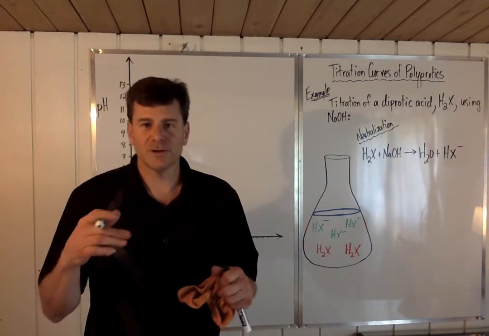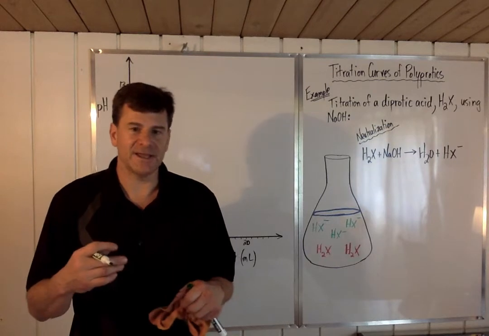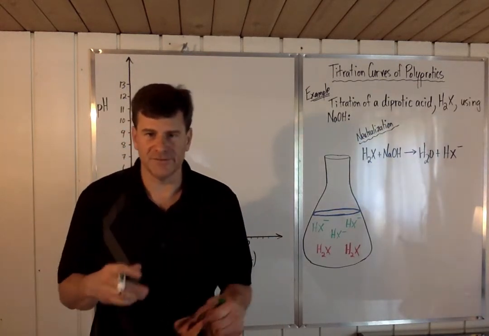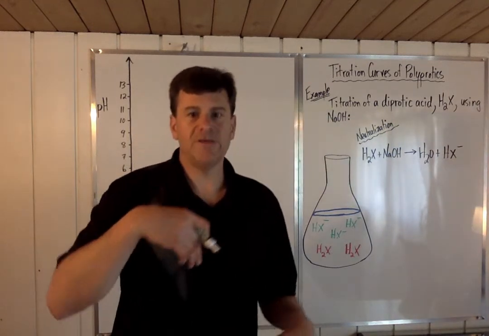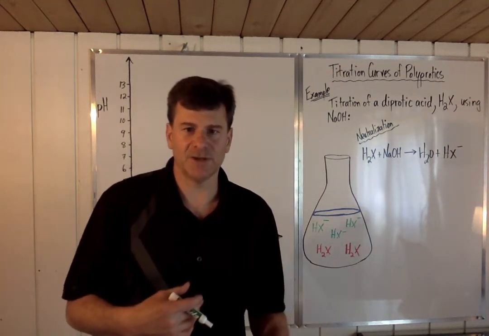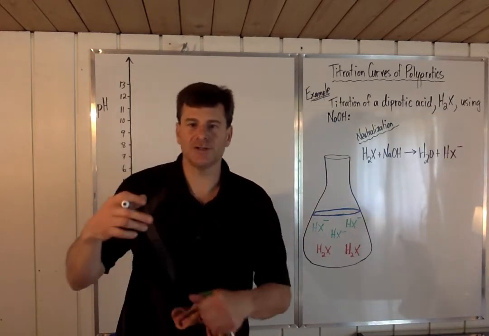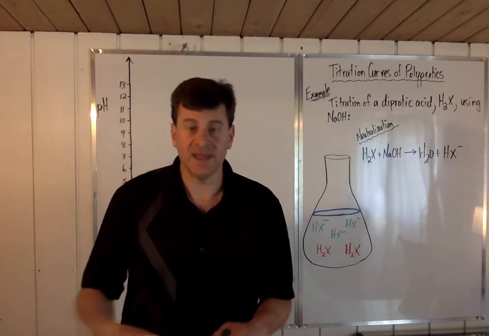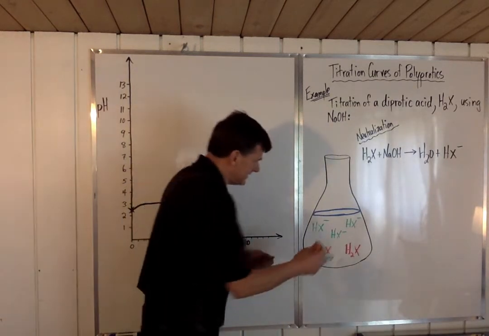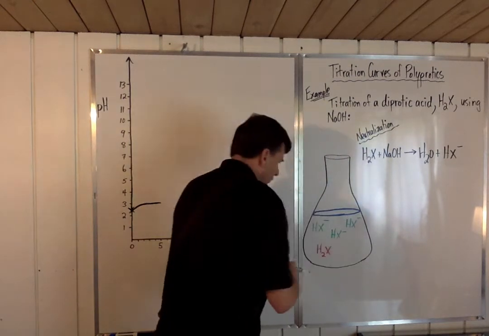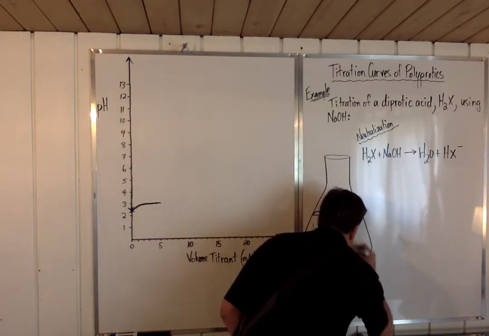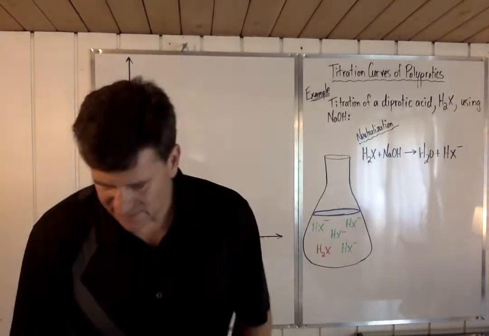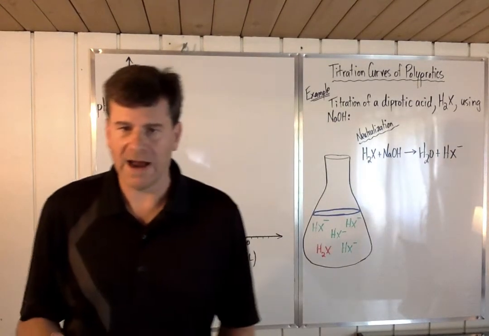And so hopefully what you're starting to see is you're going to get rid of all of the first hydrogens off of your diprotic acid before the second H is going to be removed, because NaOH is going to react with the acid that is most likely to give up the H. And so what happens is we'll add a fourth one, and we'll be there. Now, what does this look like on our graph?